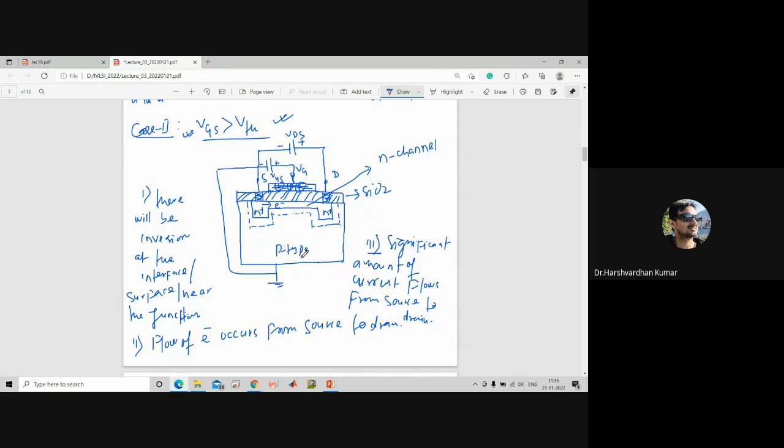Minority carriers will be electrons, right? So there will be a strong attraction of electrons from the p type semiconductor at the surface of the metal oxide semiconductor layer interface. Then there will be a formation of channel, thereby the current will start flowing from the source to the drain.